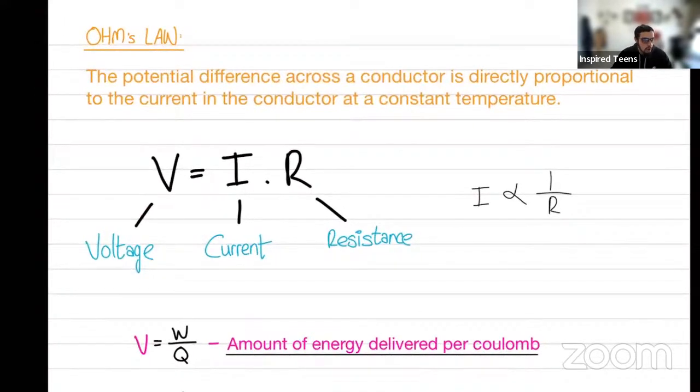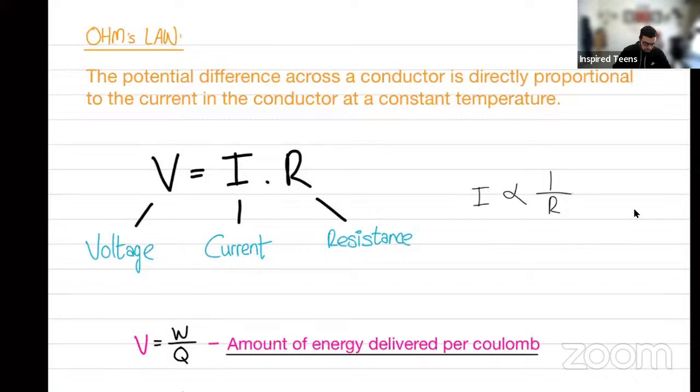Let us discuss Ohm's law. Ohm's law states that the potential difference across a conductor is directly proportional to the current in that conductor at a constant temperature.